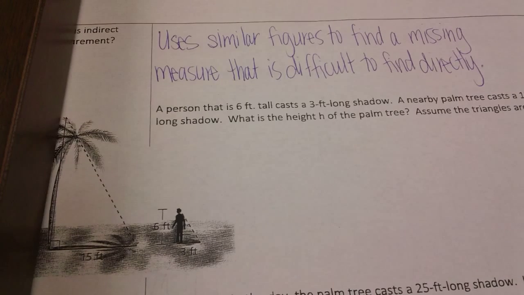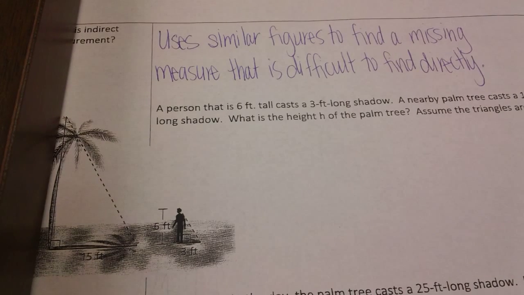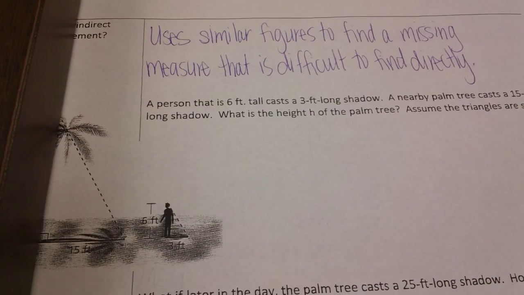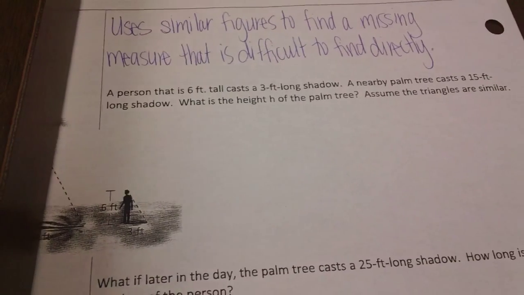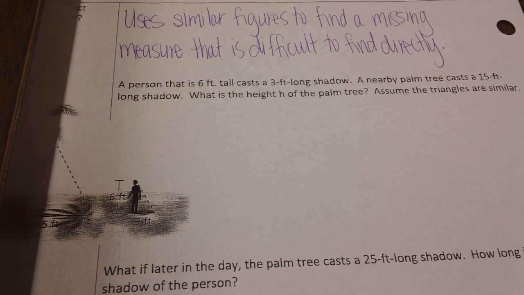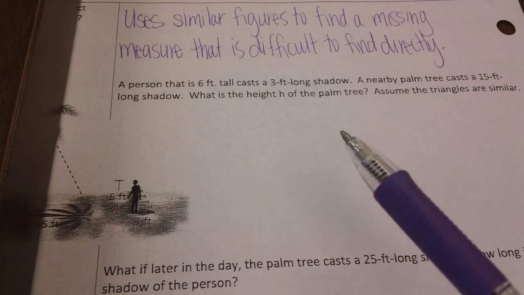So indirect measurement uses things that are easy to use to find the missing measurement of things that are hard to find, or hard to measure.